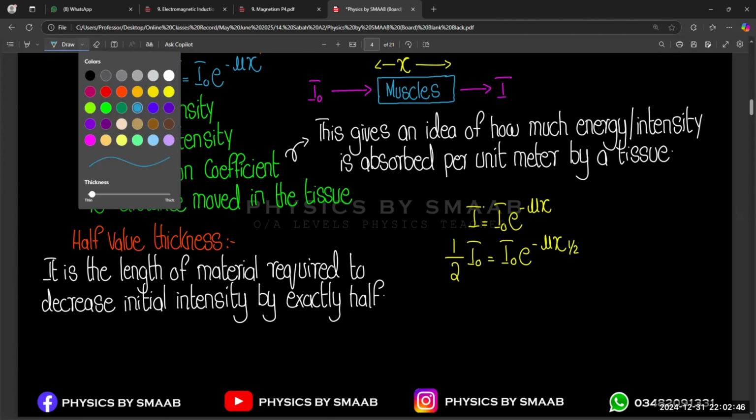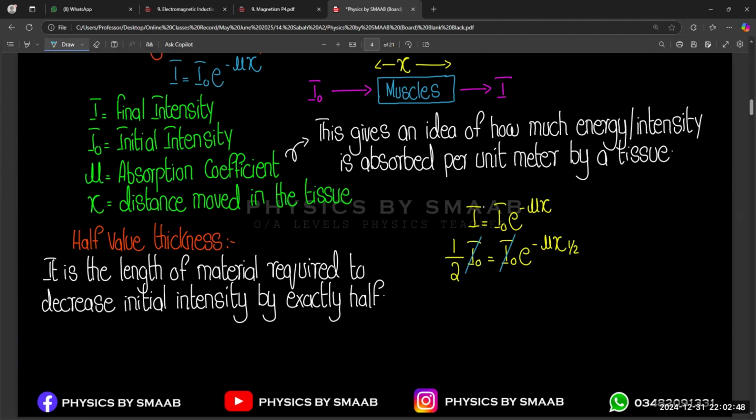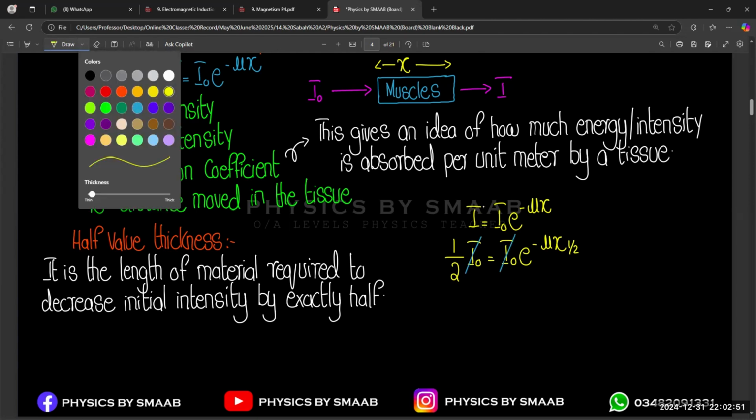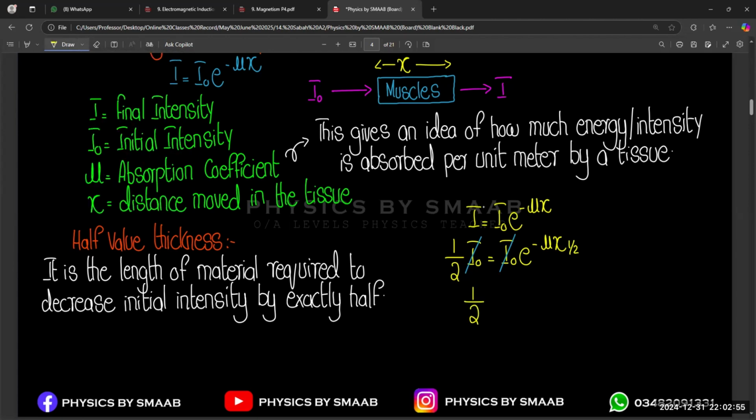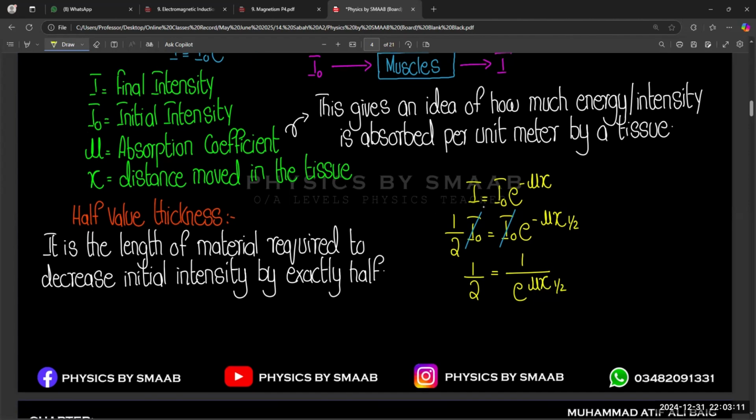So it can cancel out I naught and I naught, and it will be equal to 1 over 2, equals e to the minus mu x. Then you take the ln, which gives 0.693. We can switch the negative into the denominator to make it positive, and then take ln on both sides.